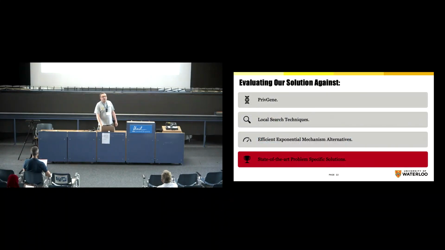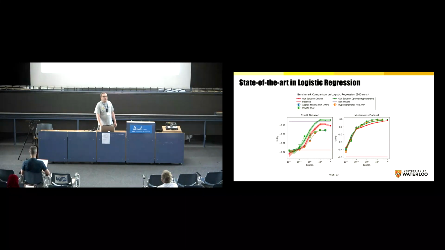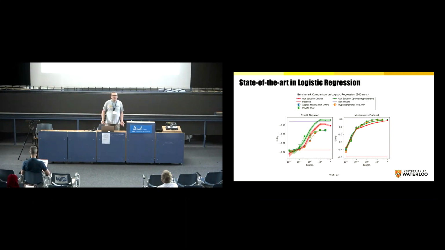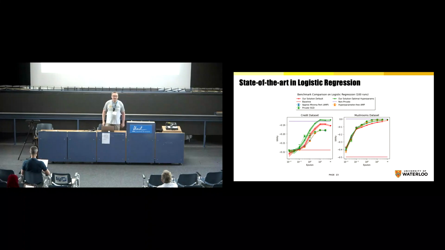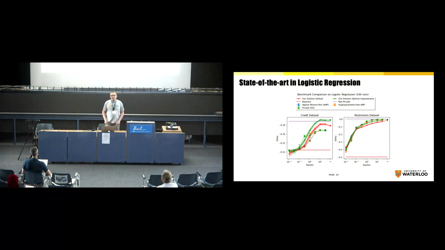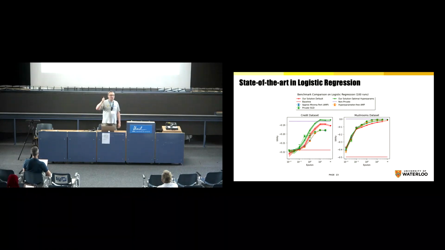Finally, let's talk about problem-specific techniques. So we benchmarked against a whole bunch of convex optimization techniques like DPSGD and things like that. And the conclusion we took is that we're competitive. On the graph on the left, you can see we're doing quite well, we're outperforming it. I have two lines there. One is where I tuned the hyperparameters, and one's where I didn't.